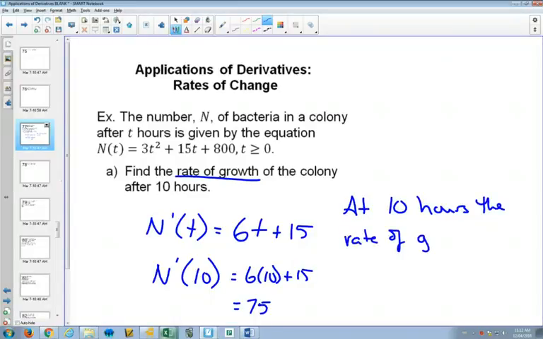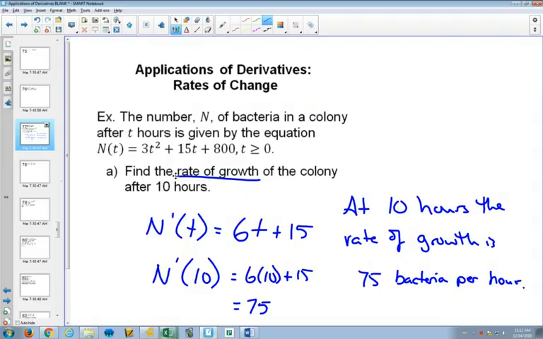At 10 hours, the rate of growth is 75. What are we dealing with? Bacteria. And our time is in hours. So it's growing at 75 bacteria per hour. So it gives you a sense of what's happening as far as the change goes at that time.